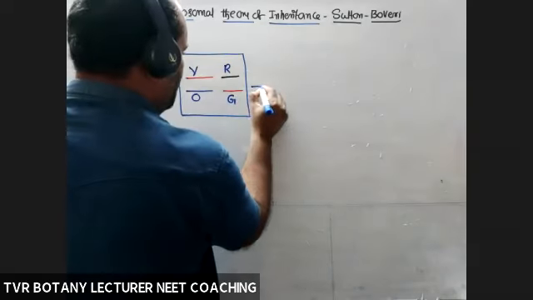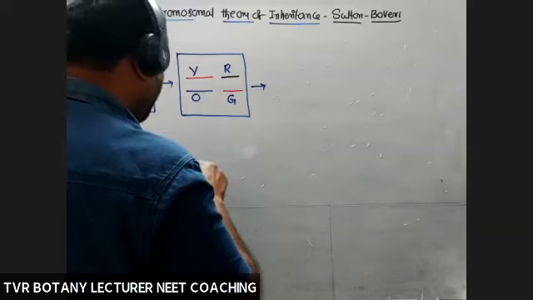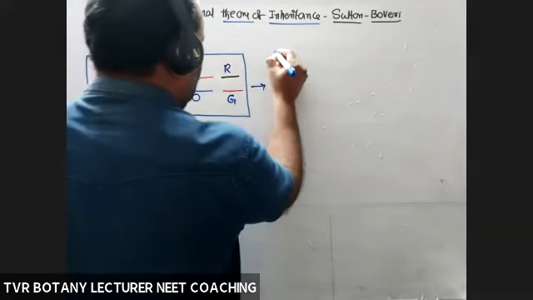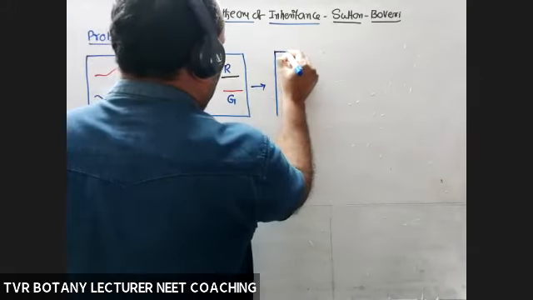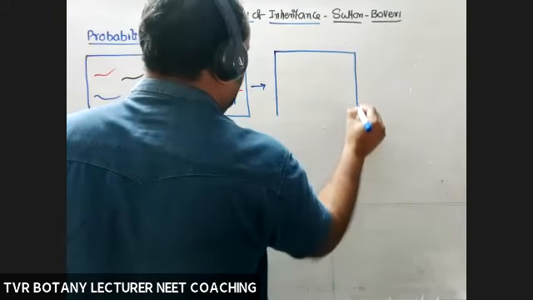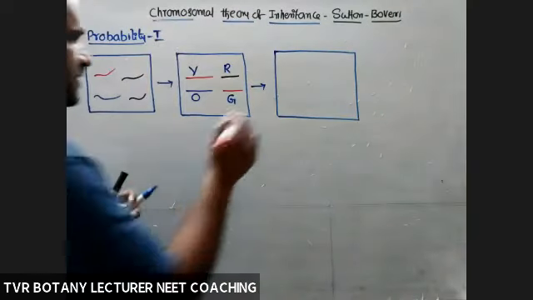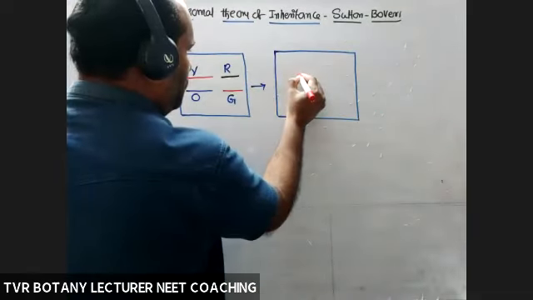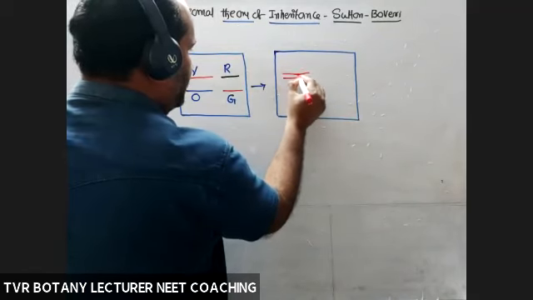Next, definitely splitting or division of the chromatid. That leads to the formation of daughter chromatids. So this is a yellow chromosome with two chromatids.